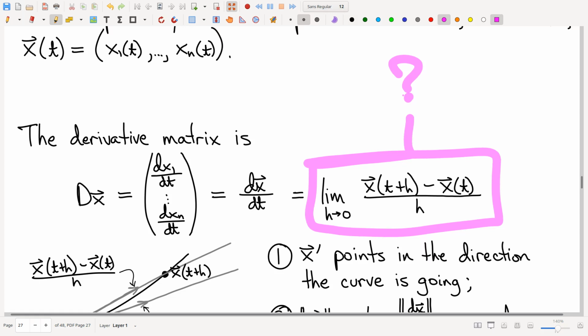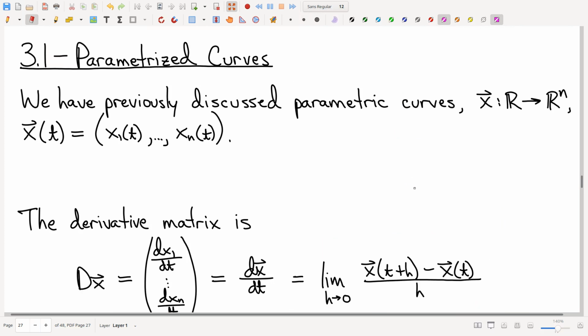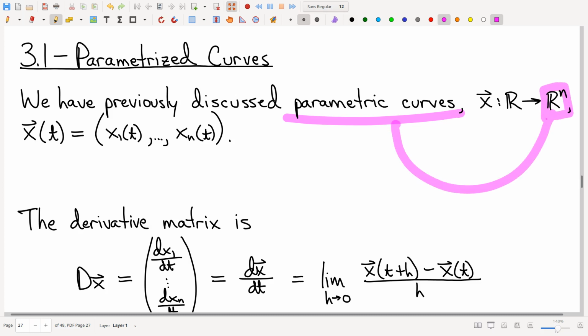But very importantly, we are not here talking about graphs. When you have a parametric curve, you are not looking at the graph. We're looking only at the points in the target that come out. We're looking at the image of the function, not the graph of the function.